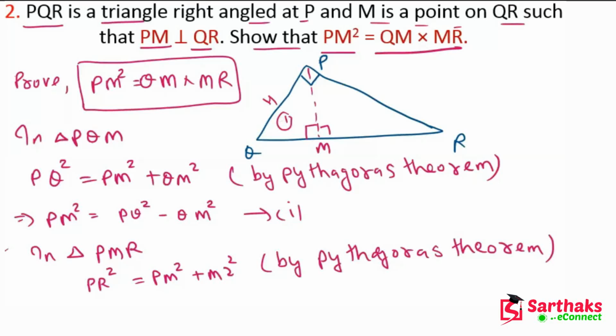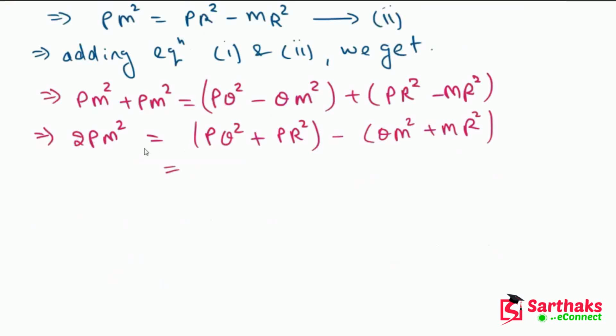So now we can write it here, it will become qr square. And we have minus qm square plus mr square as it is.